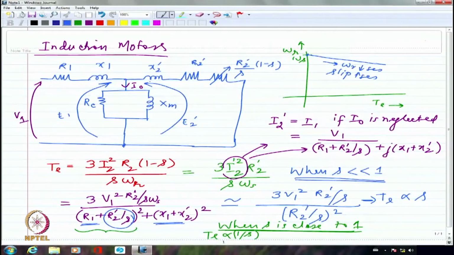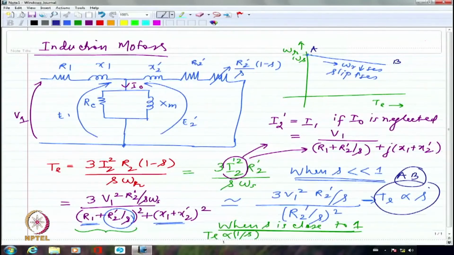So this is very clearly what we wrote earlier, that TE is proportional to slip. That is valid in this region. If I say from A to B, this is AB. Region AB corresponds to torque proportional to slip.